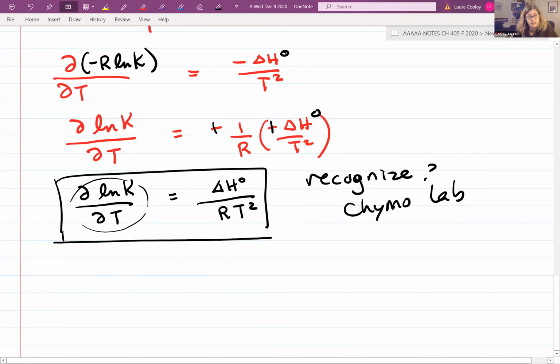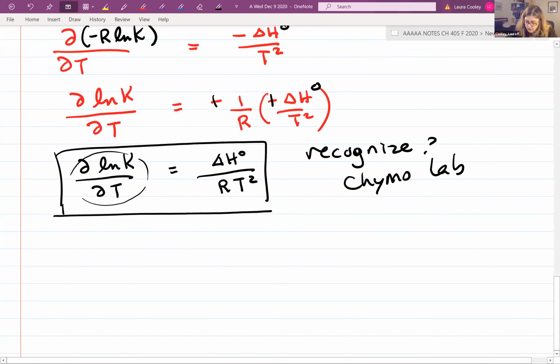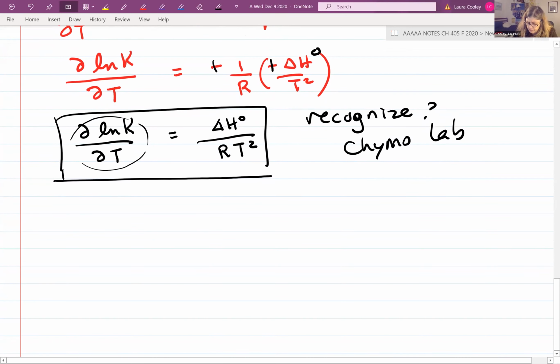But there's a couple of things that are done with this. It doesn't quite yet look like the formula that you used in the charge transfer lab, which was about the log of the ratio of two different Ks at two different temperatures.